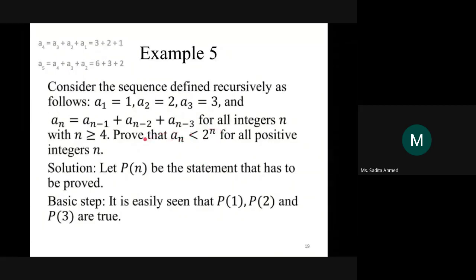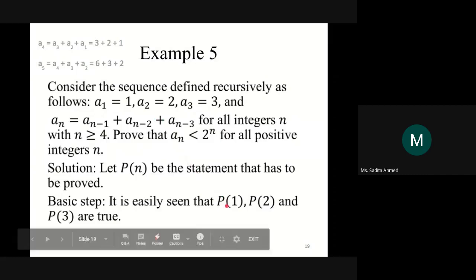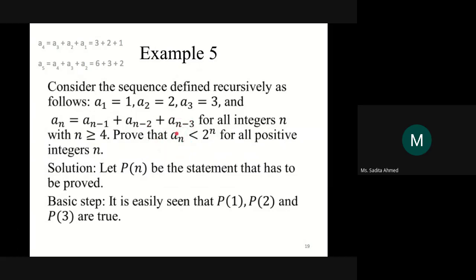So in the basis step we have to prove it for a1, a2, a3, all of them. Okay, so P(1): for P(1), what do we get on the left hand side? What is a1 equal to, guys?